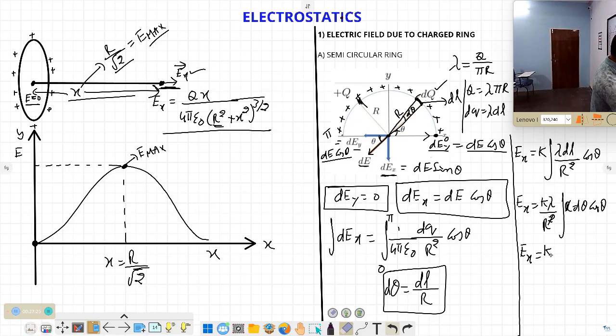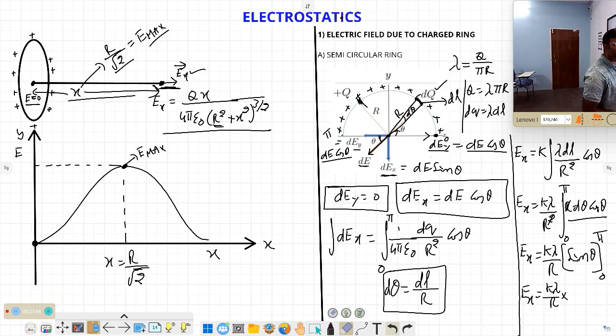So Ex equals k lambda by R into integral cos theta d theta. Integral cos theta d theta is equal to sin theta. What are the limits we applied here? 0 to pi. If you apply the limits, for this complete semicircle Ex equals k lambda by R into sin 180, which is equal to 0.